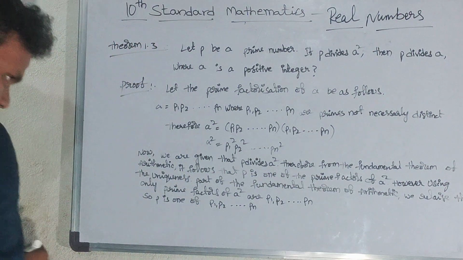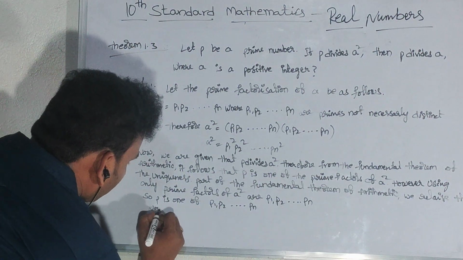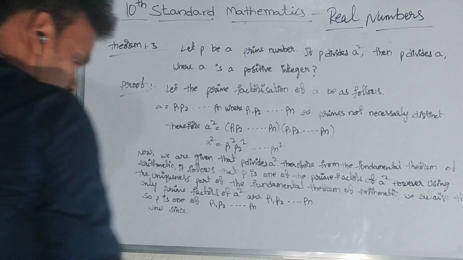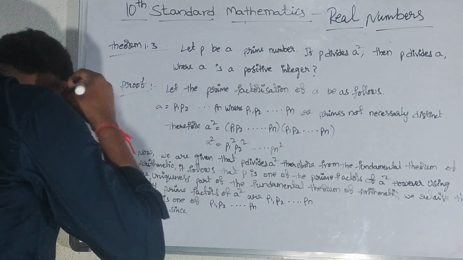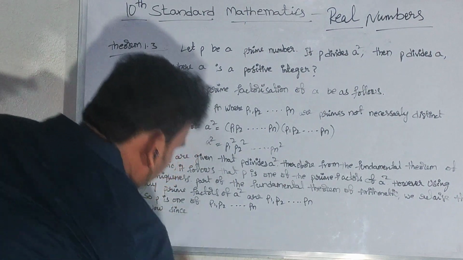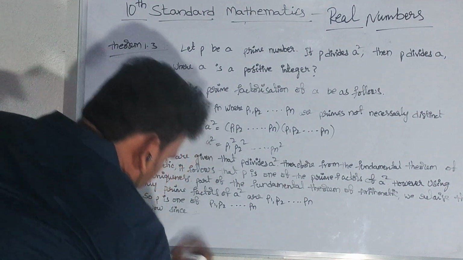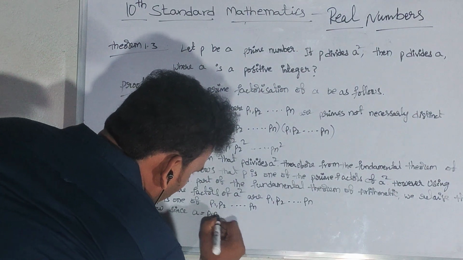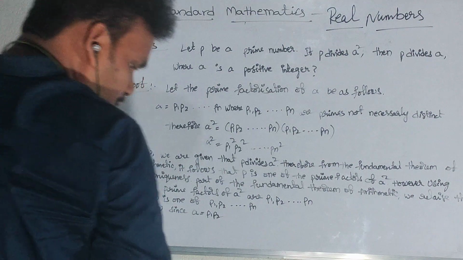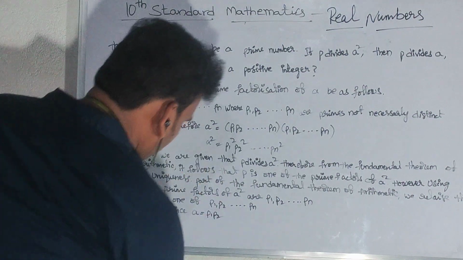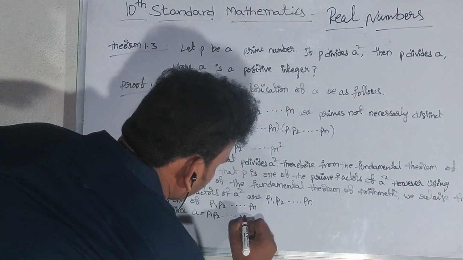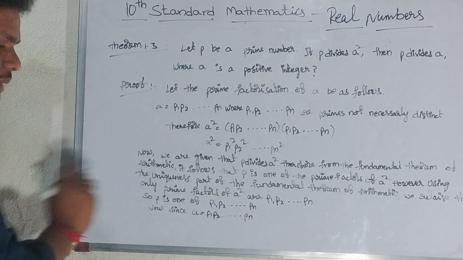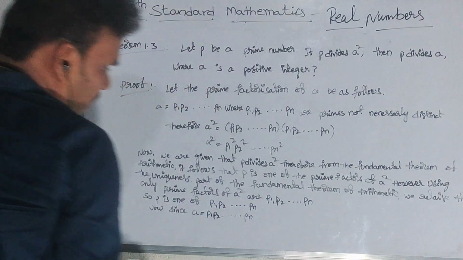Now since a equal to p1 p2 up to pn, p divides a.